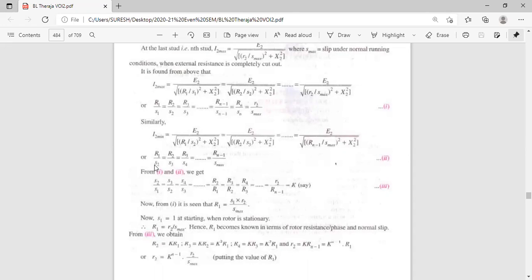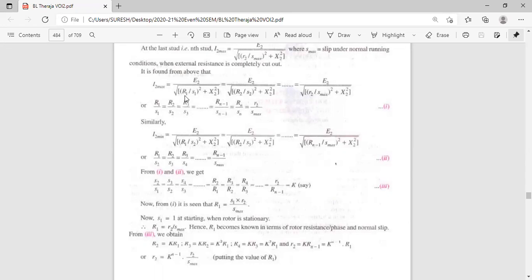But in the I2 minimum equations, what are the suffixes? The numerator suffix is greater than the denominator suffix by 1. Sorry, R1 by S2. Here R1 by S1, R1 by S2, R2 by S3.